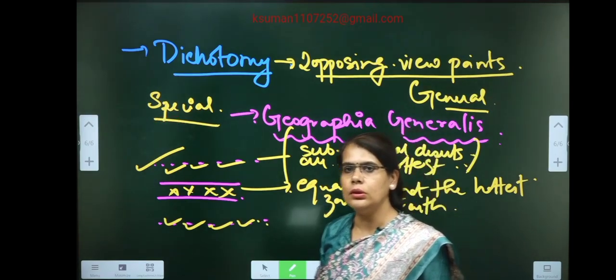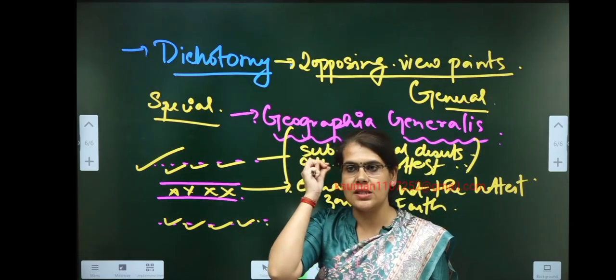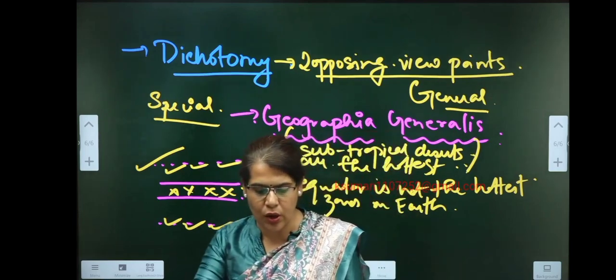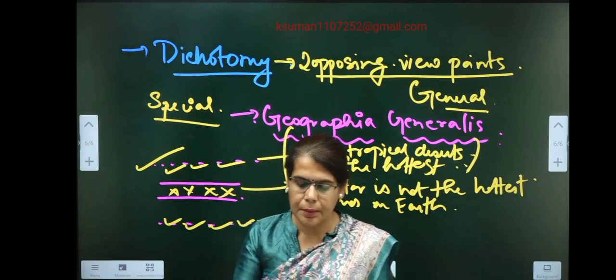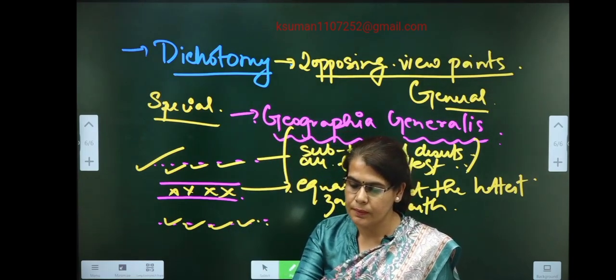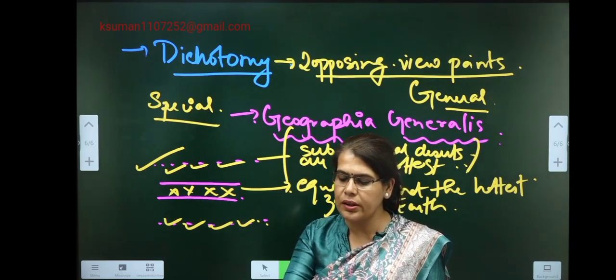So write down. As per the observations of Varenius, the equator is not the hottest zone.